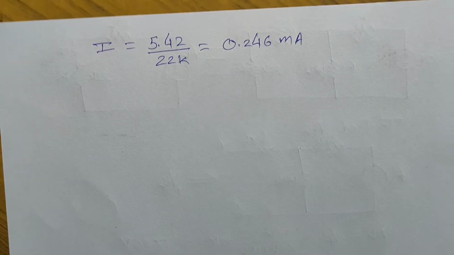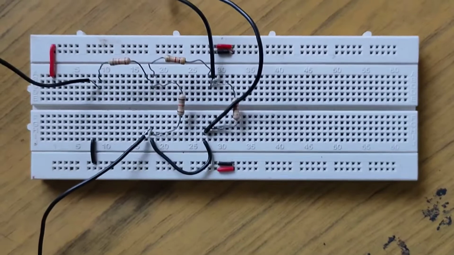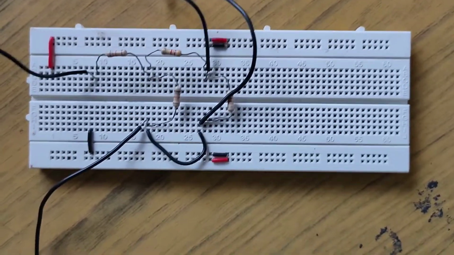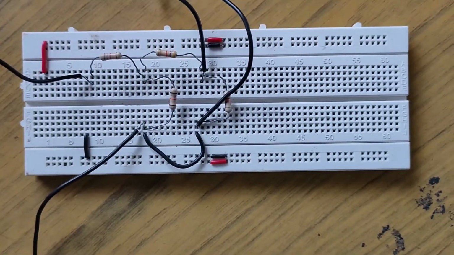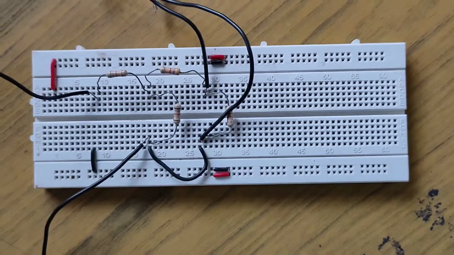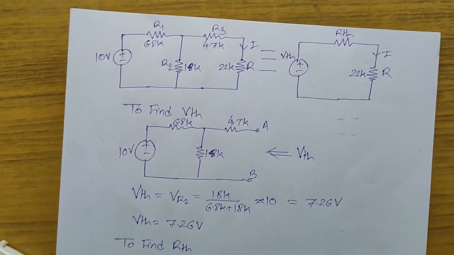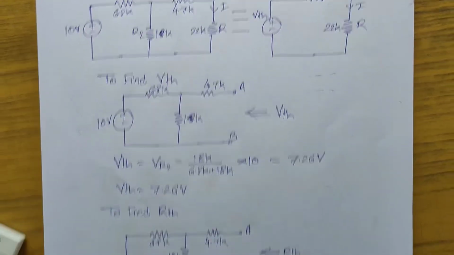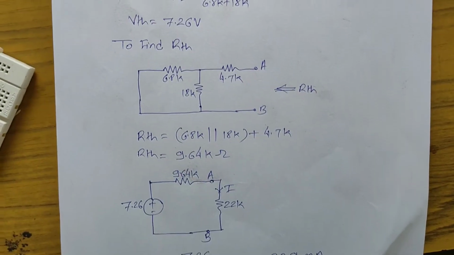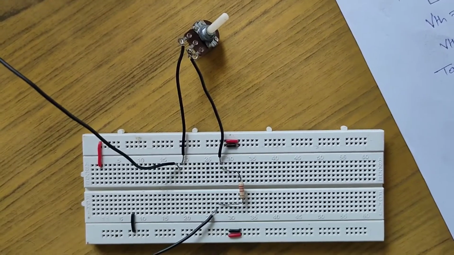Now we have to convert this circuit into Thevenin's equivalent. As we have calculated, we have to convert this total circuitry into 9.64 kilo ohm. To get RTH of 9.64 kilo ohm, we have to use a resistor pot.